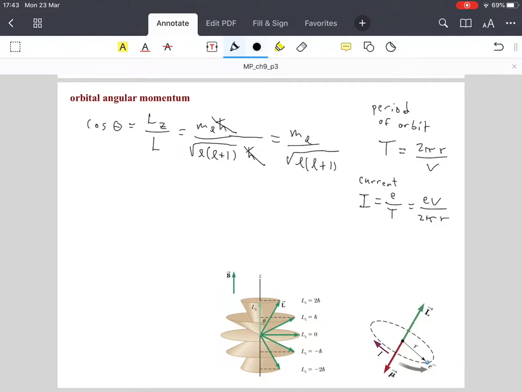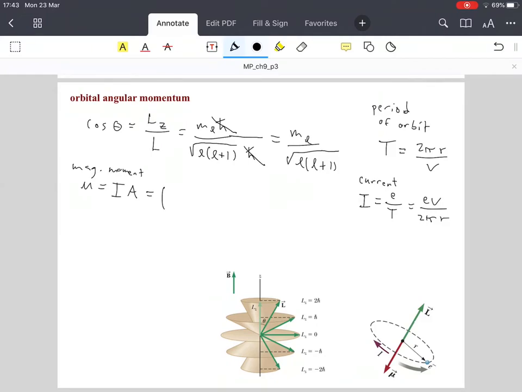Well, if there is this loop of current, that will create a magnetic moment, mu. And so the magnetic moment, mu, is, because they're perpendicular, just I times A, where A is the circular area.